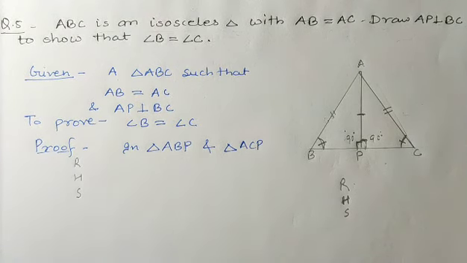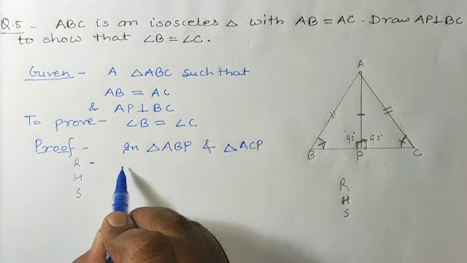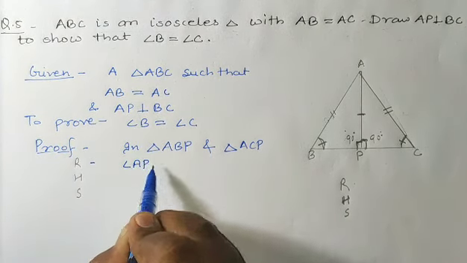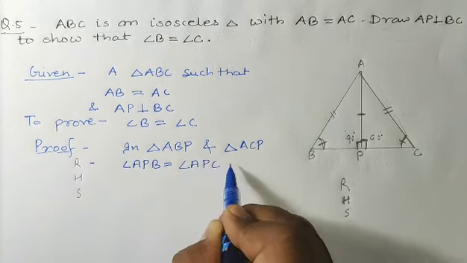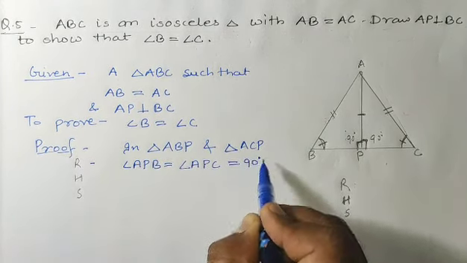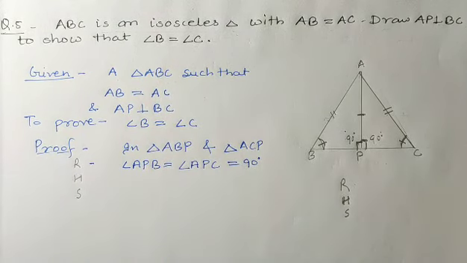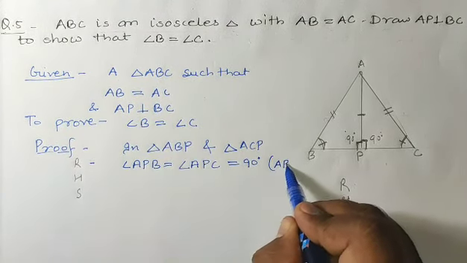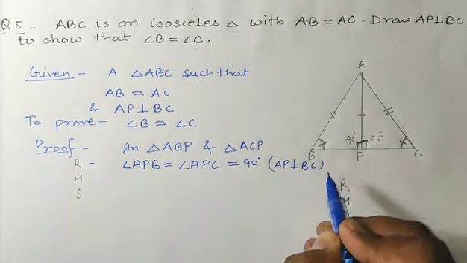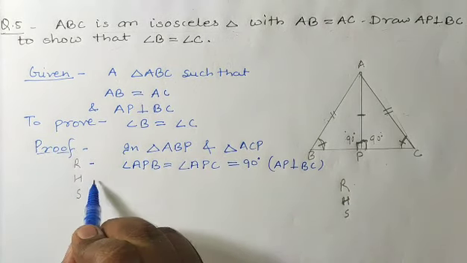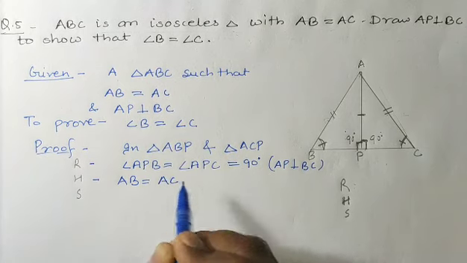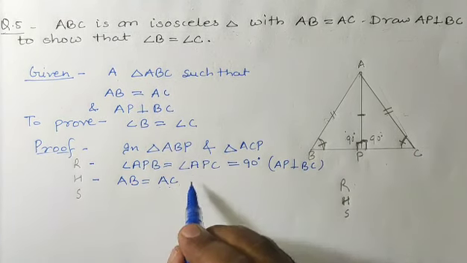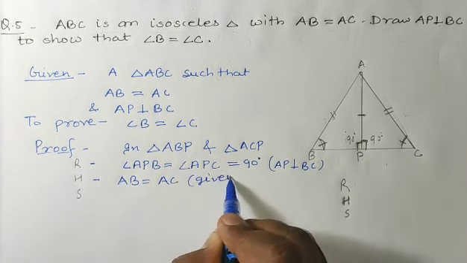Okay students, by using RHS we can simply solve it. R is what? Angle APB is equal to angle APC, which is equal to 90 degrees, and it is given because AP is perpendicular to BC. H is what? The hypotenuse AB is equal to AC, it is given.